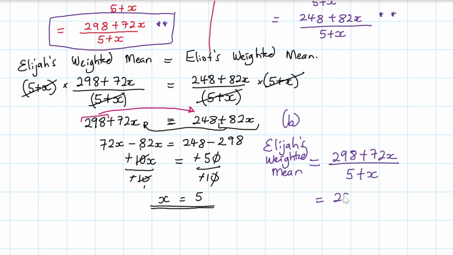So we have 298 plus 72 times our value of x, which is 5, divided by 5 plus our value of x, which is also 5. Our final answer is Elijah's weighted mean, which is 65.8.